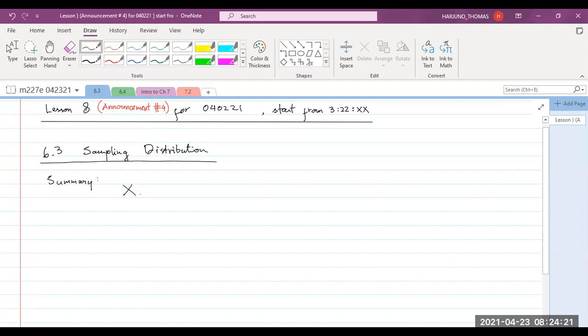Let X be distributed with the mean mu and the variance sigma squared.